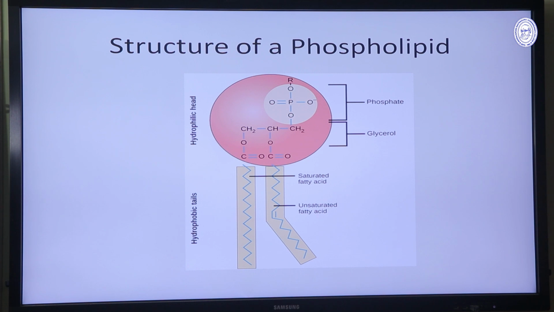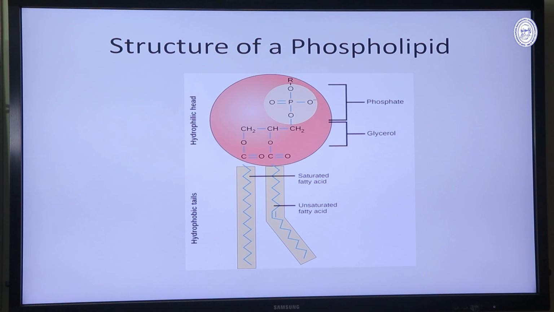Whereas the lower domain of the phospholipid is formed by the hydrocarbon chains. That is why they are hydrophobic in nature. Phobia means fearing, hydro means water. So, the tail region is the water-fearing domain of a phospholipid.